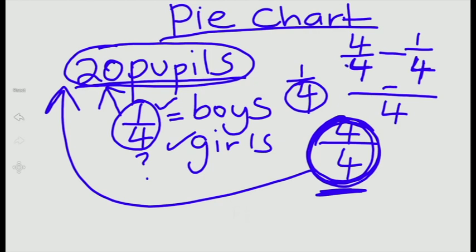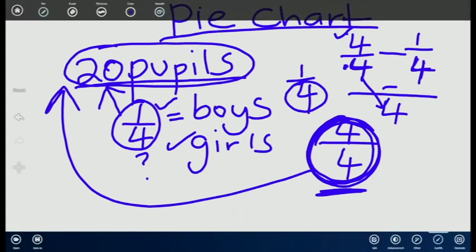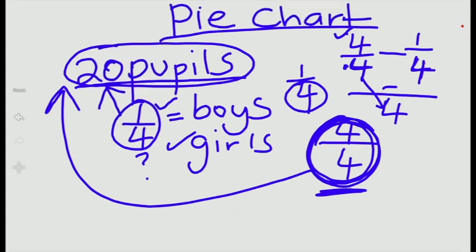How many 4s into this 4? 1. 1 times this 4 above, it's a 4. I think I should highlight it. So it's a 4. How many 4s into this 4 here? 1. 1 times this 1 above, it's 1.